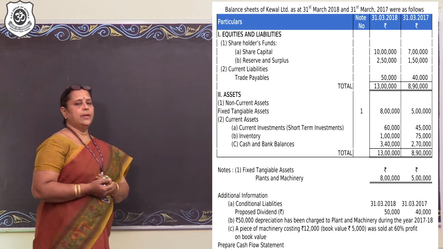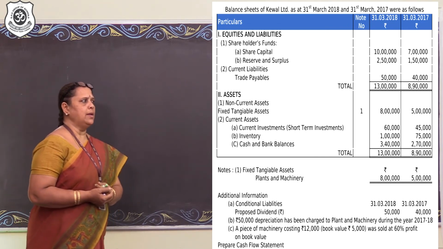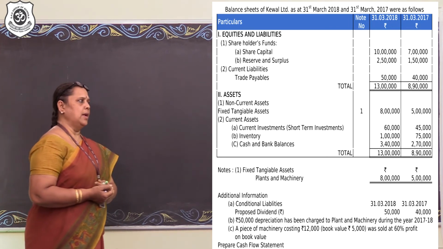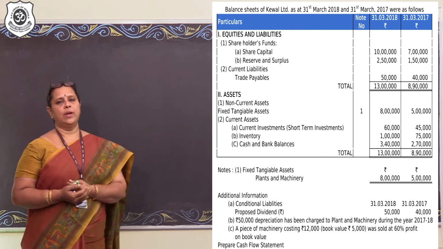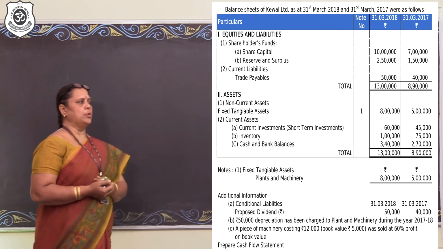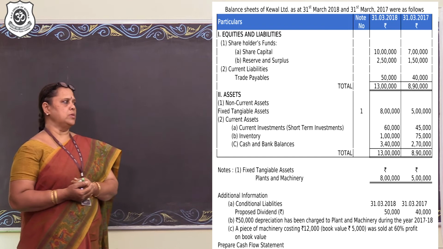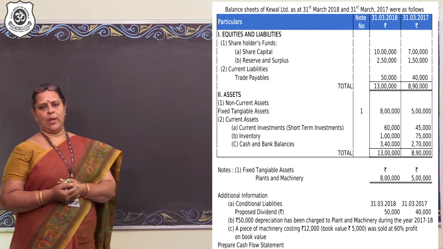In the example that I have taken, there is a fixed asset opening balance of 5 lakhs and closing balance of 8 lakhs. And there is an adjustment regarding that. Rupees 50,000 has been provided as depreciation during the year, and there had been a sale of asset costing rupees 12,000 with a book value of 5,000 for a profit of 60% of the book value.